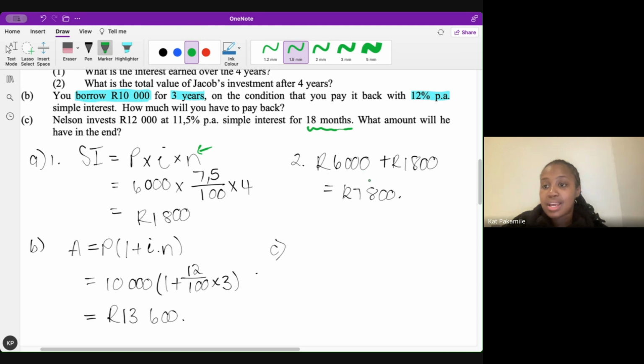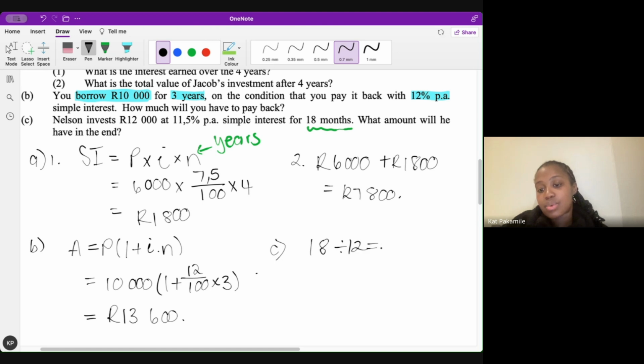We want years. Now, how am I going to convert those 18 months into years? We divide by 12 because there are 12 months in a year. So you're going to say 18 divided by 12.